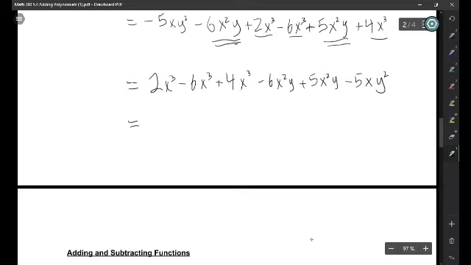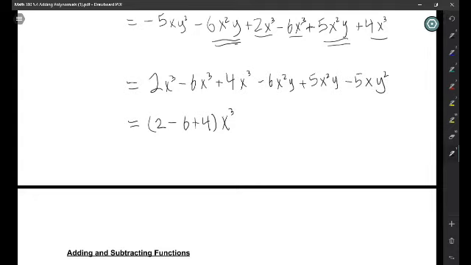So then you can rewrite it with just the coefficients and their operations. So positive 2 minus 6 plus 4. And then whatever the variable factors for those like terms are, write them down on the outside.